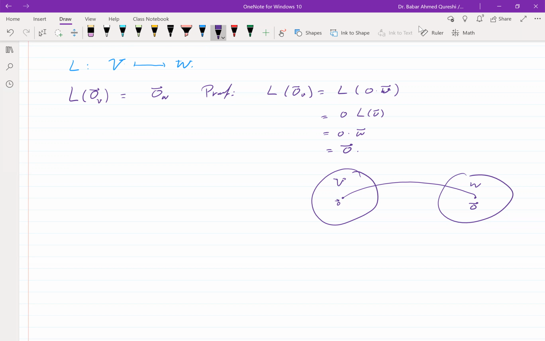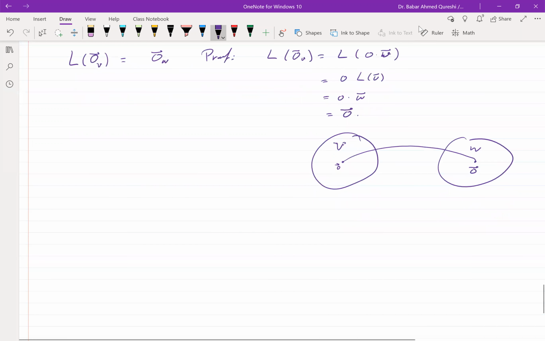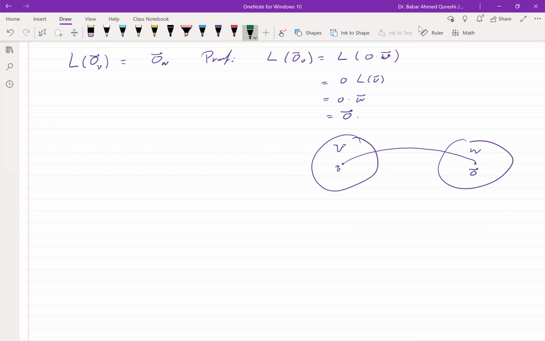So let's, for example, take this example we took earlier, x1, x2, x3, minus x3.